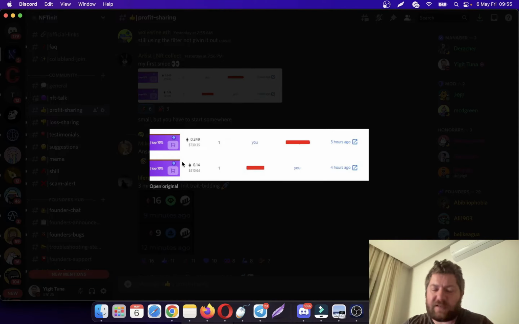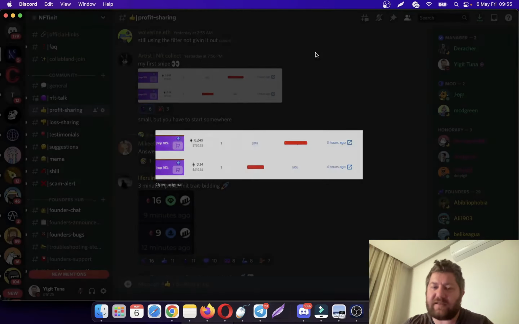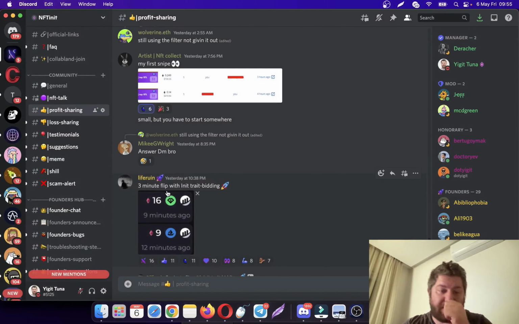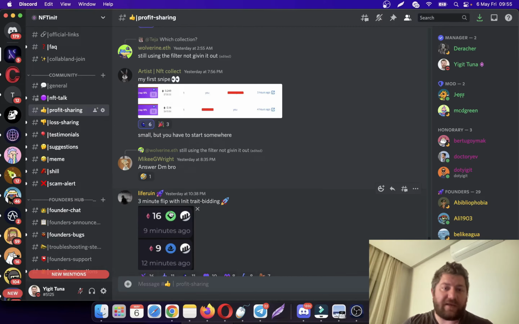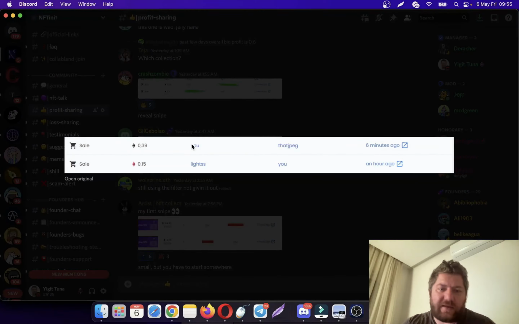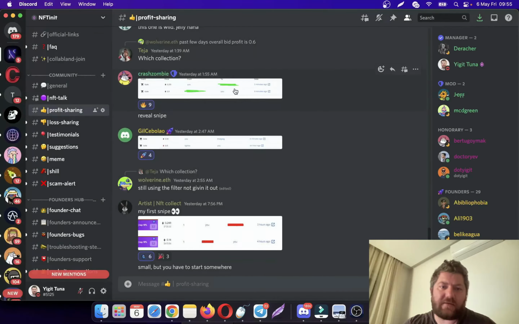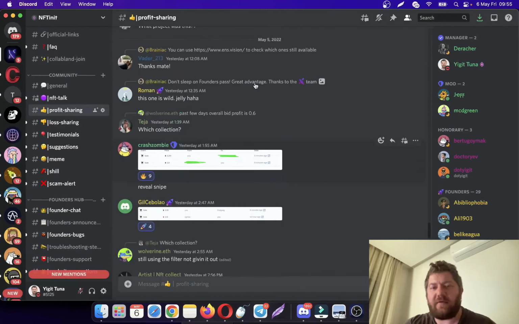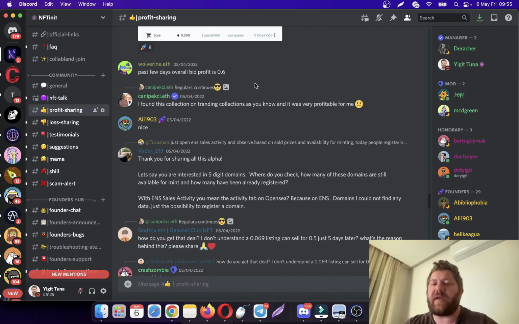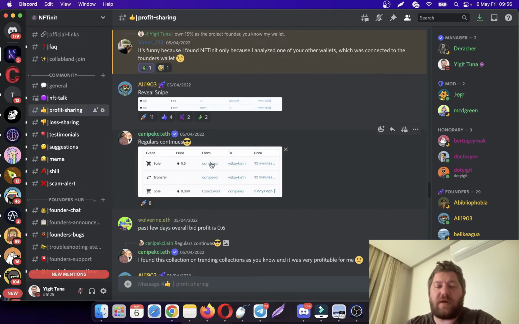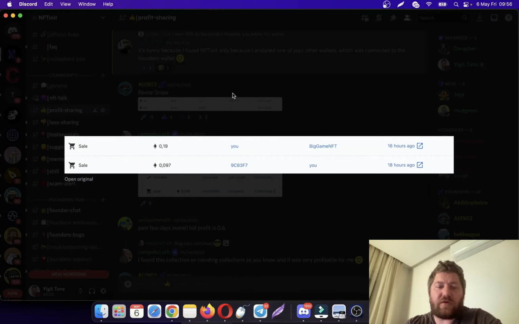This is a snipe actually, not a bid, but it's rather small compared to the bigger players. But you get there, small or big, as you make more flips, you get more used to it. This is small, but in terms of return on investment, this is nice.